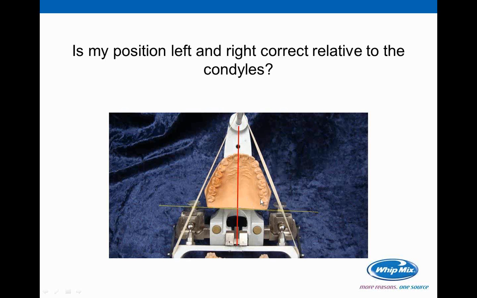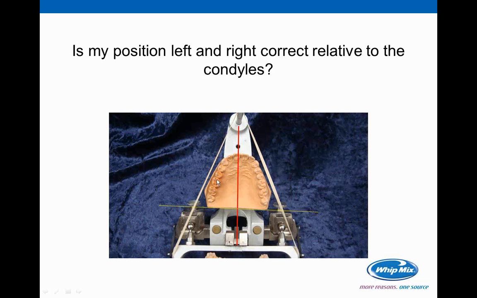And then how am I in terms of my teeth relative to those condyle points? And you'll notice that this is swung or kicked out a little bit to the left-hand side of your screen. That means that when this articulator functions, the models are actually off, and our restoration, therefore, is going to be off.